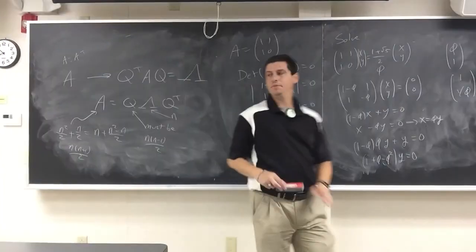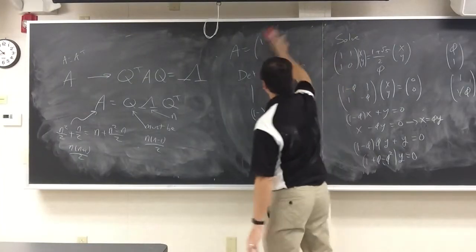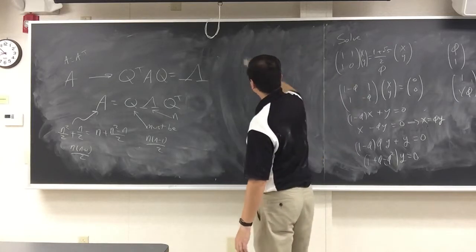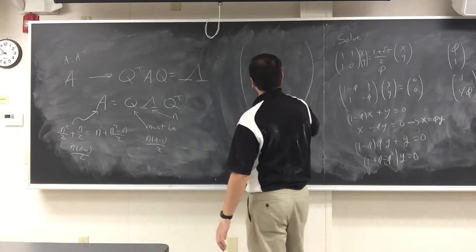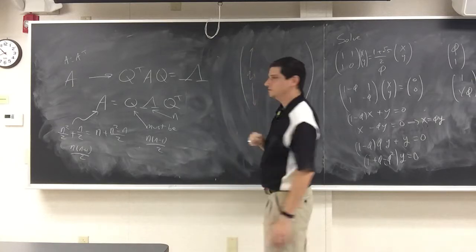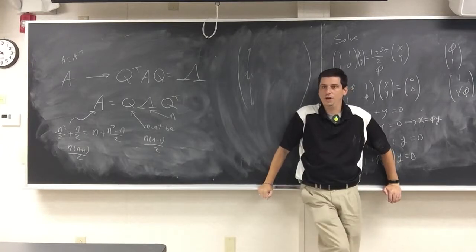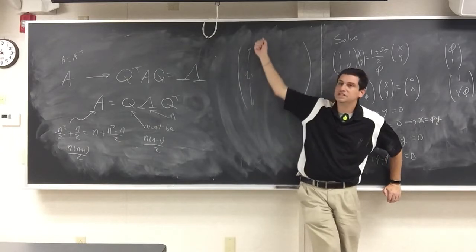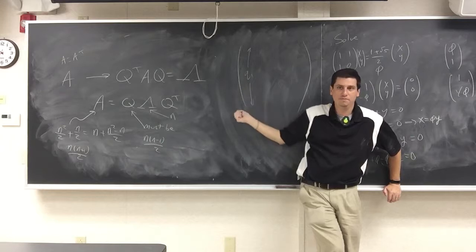Let's try to think about whether or not this is reasonable. So here's my matrix Q. Here's the first vector Q1. There are n components in Q1, but I claim there's really not n degrees of freedom. I claim there's n minus 1 degrees of freedom, because I can rescale the first component to be 1.